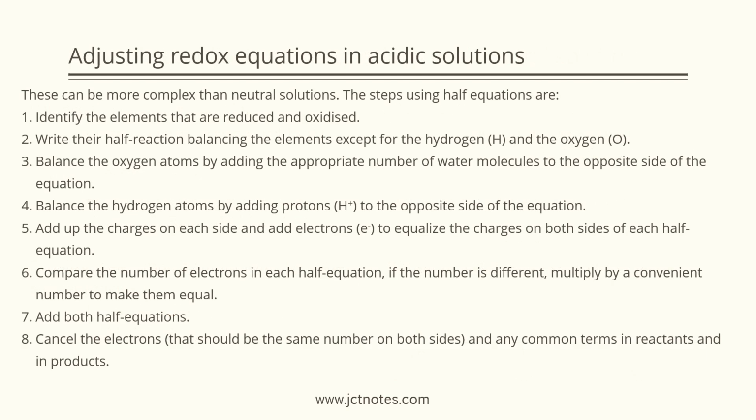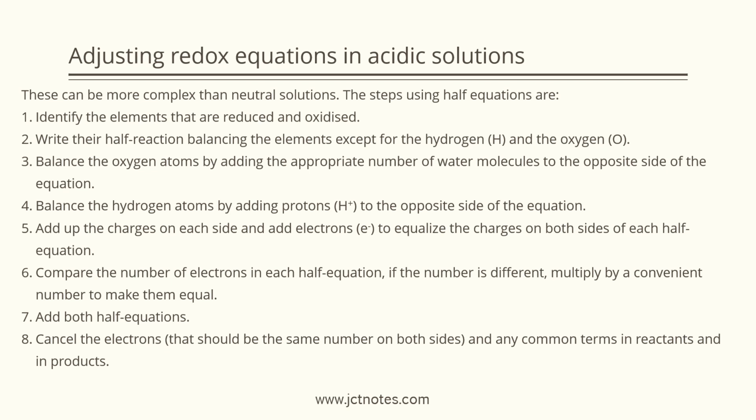Now, we move to balance equations in acidic conditions. These tend to be more complex than neutral solutions. The steps using half equations are, first, identify the elements that are reduced and oxidized. Second, write their half reaction, balancing the elements except for the hydrogen and the oxygen.